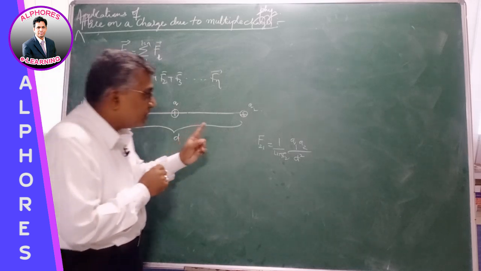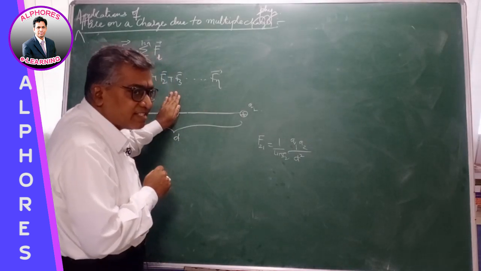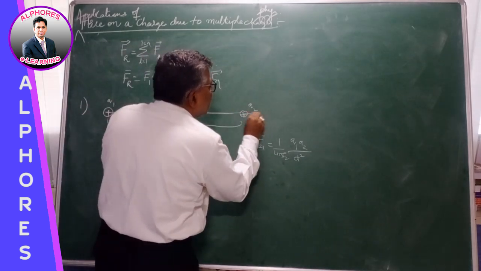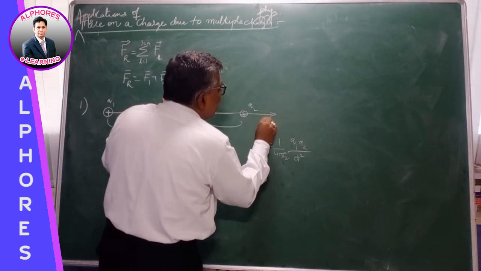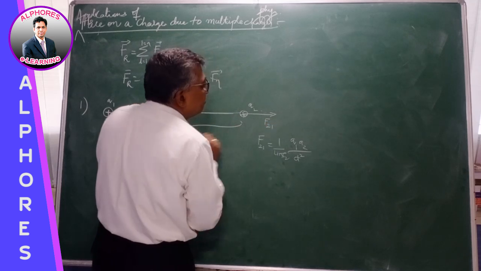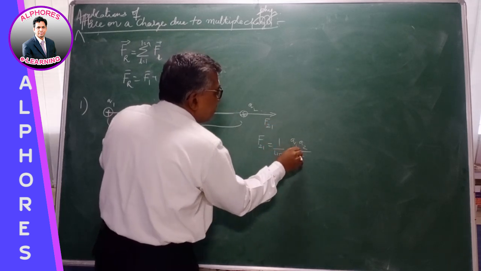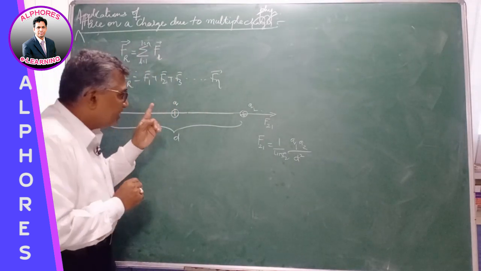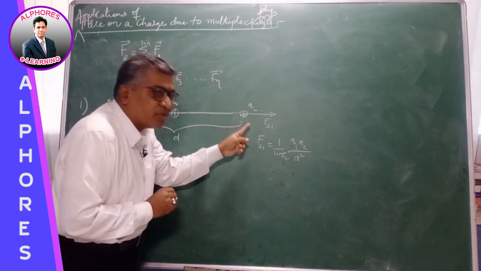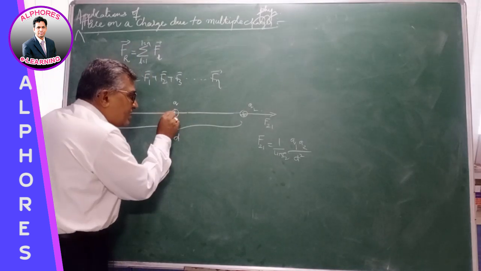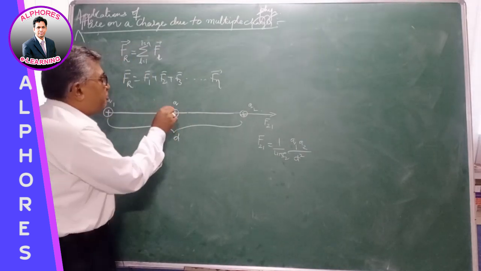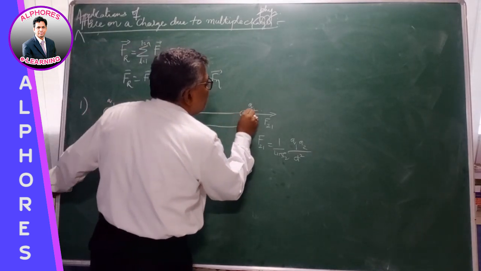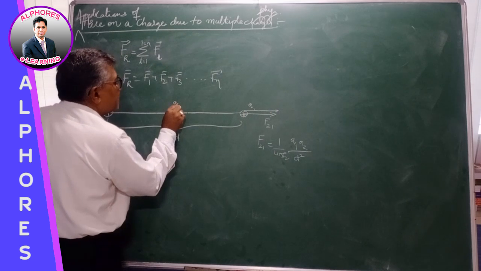Initially, when this was not existing, the force between these two was just one single force F, that is 1 by 4 pi epsilon naught Q1 Q2 by d square. Now when I place the third charge, this charge also applies force on it. I have considered a like charge, plus, so plus repels plus, a repulsive force. So even this also repels this. Let us say this is the third charge Q3.